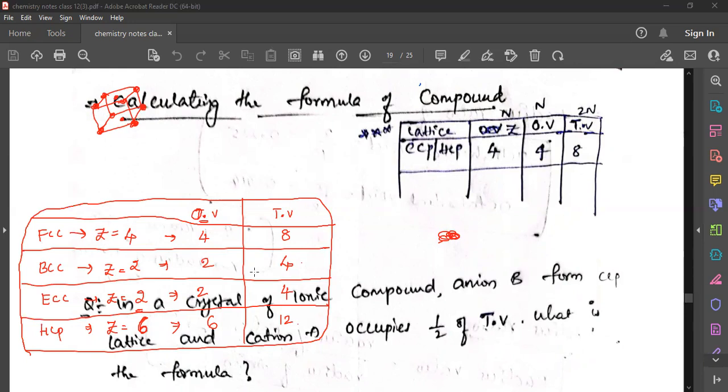What is the formula of the compound? Did you understand the question?